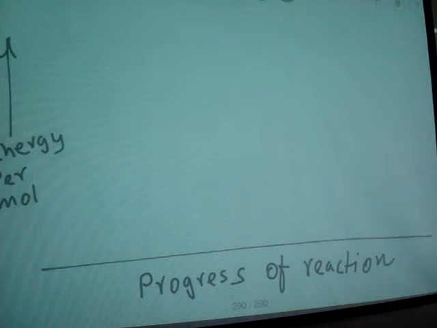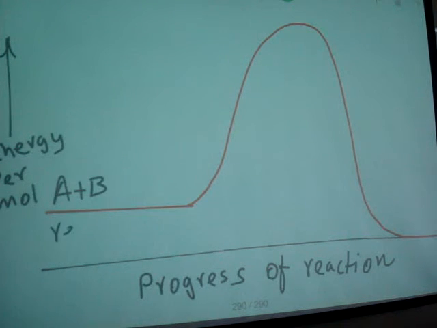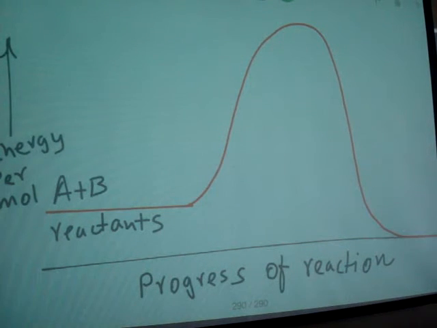Now when you start with reactants, let's say you start with reactants A and B, and it gives the products C and D. So I'm going to use general A plus B, they are reactants. And this is AB, the transition state. And this one is C plus D.